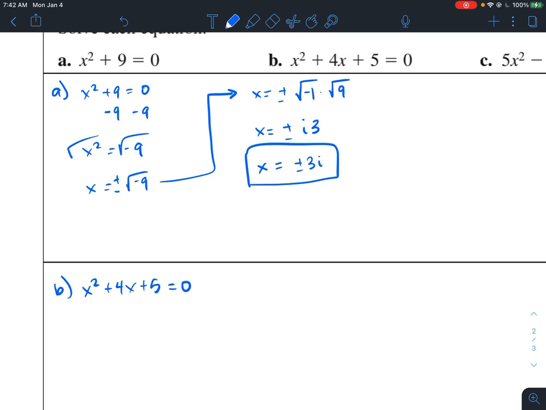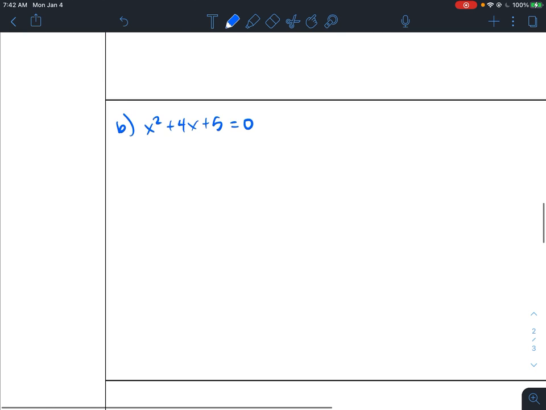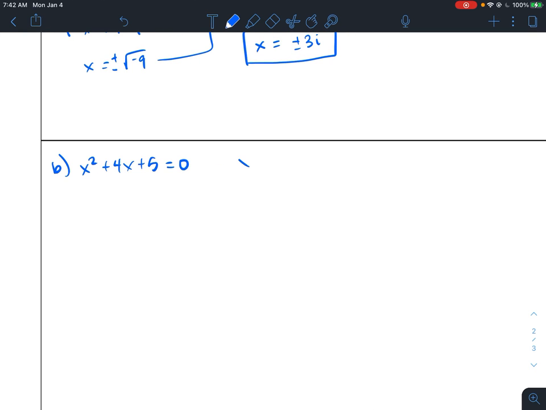So what we should do instead is use the quadratic formula. The quadratic formula is x is equal to negative b plus or minus the square root of b squared minus 4 times a times c, all over 2 times a.